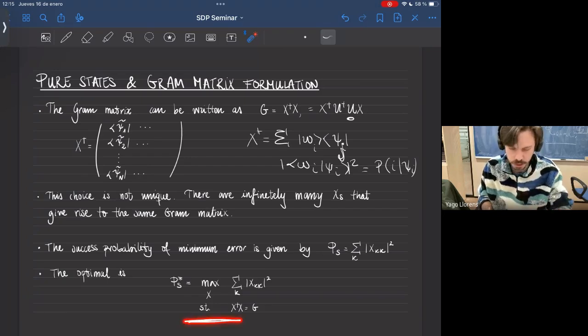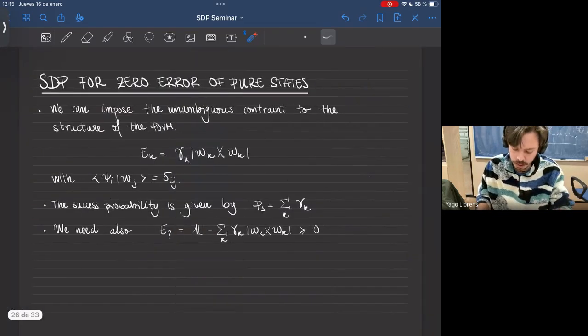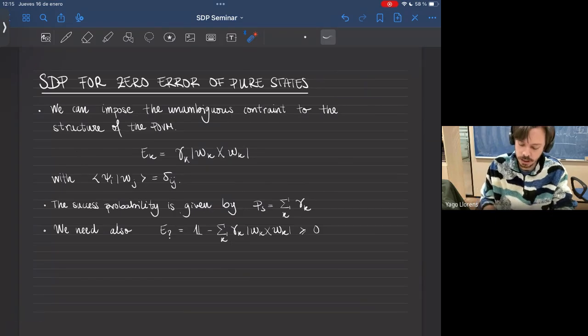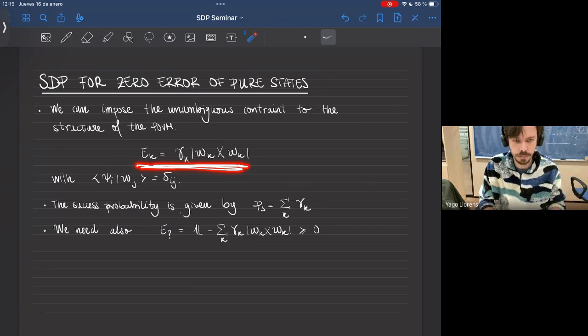But with this formulation, what we can do is impose the condition that the trace of the hypothesis with the POVM element is equal to 0, and we call it a projector and normalize.